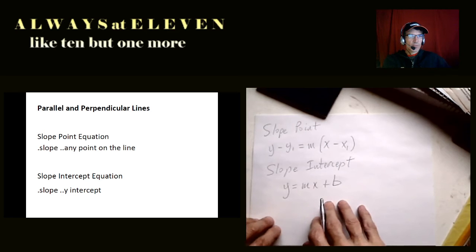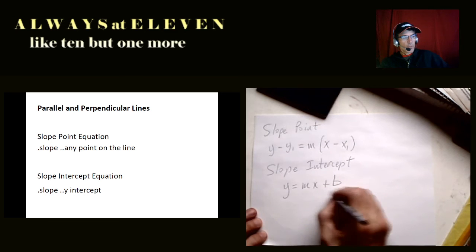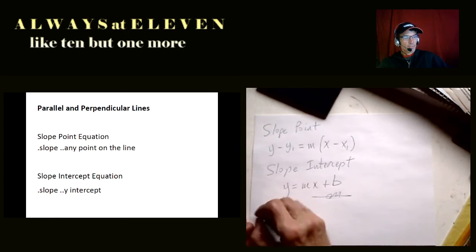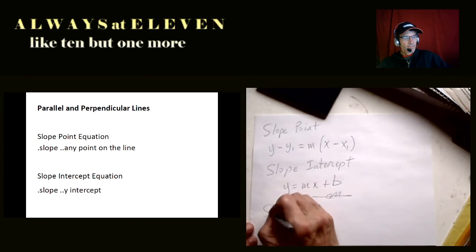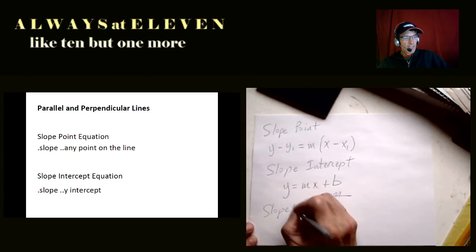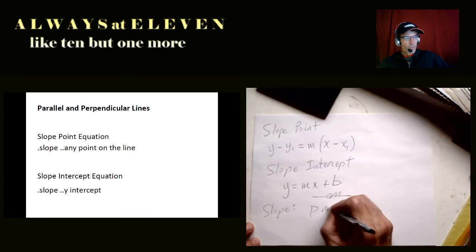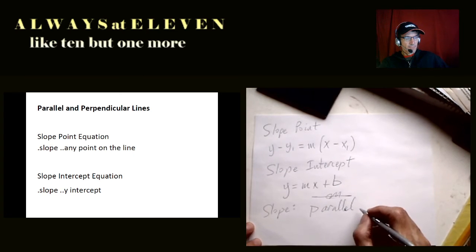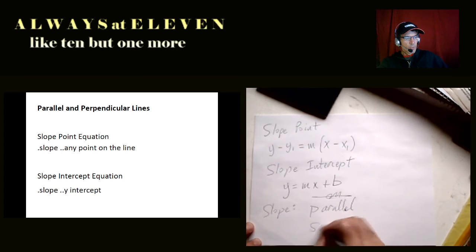So let's do an example. See how this works. Oh, before we do, a reminder about the slope. Paying key attention to that. If you want a line that's parallel to another line, that means the slopes will be the same.